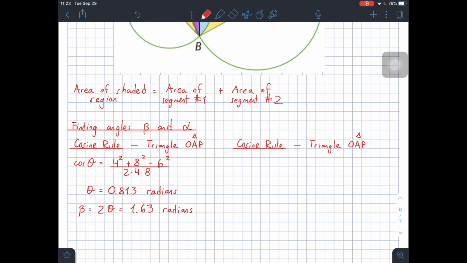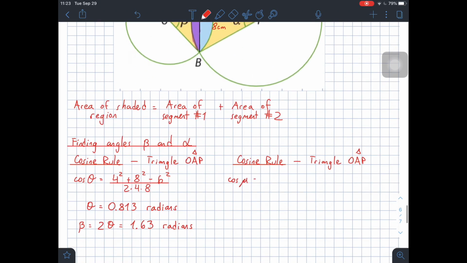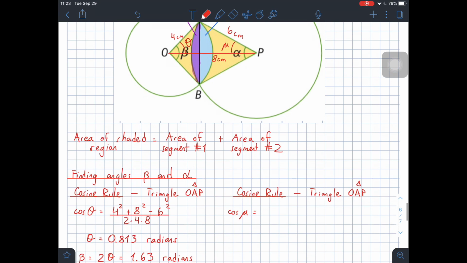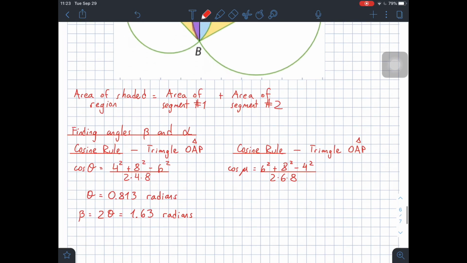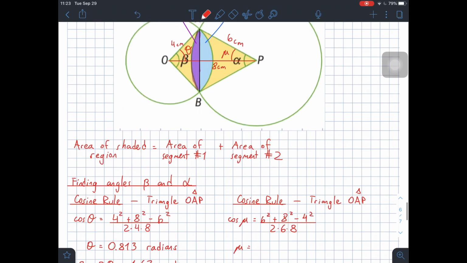Triangle OAP. So now we're going to say that cosine of mu is equal to 6 squared plus 8 squared minus 4 squared divided by 2 times 6 times 8. So if we solve this, we're going to get mu, which is half of alpha, which is the angle we're looking for.